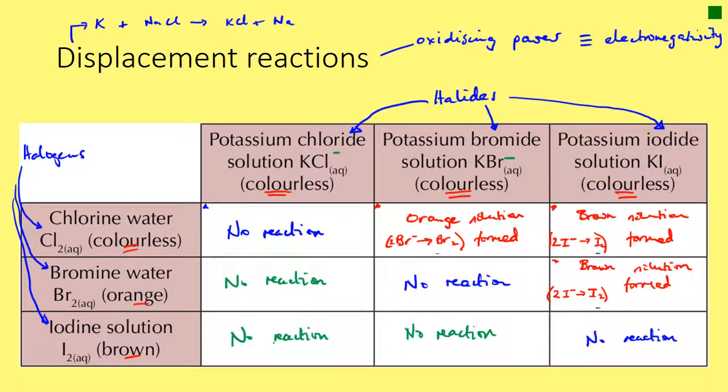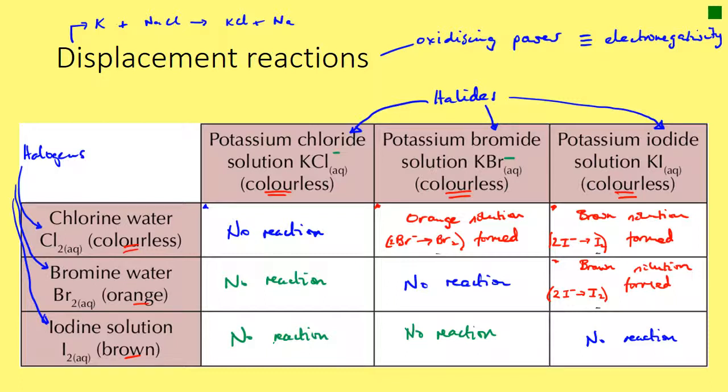For example, let's say we put some potassium into some sodium chloride. Potassium is more reactive than sodium, so the potassium would displace the sodium, and you would get potassium chloride and sodium left. You remember those reactions, they're displacement reactions that gave us at GCSE the reactivity series of metals.